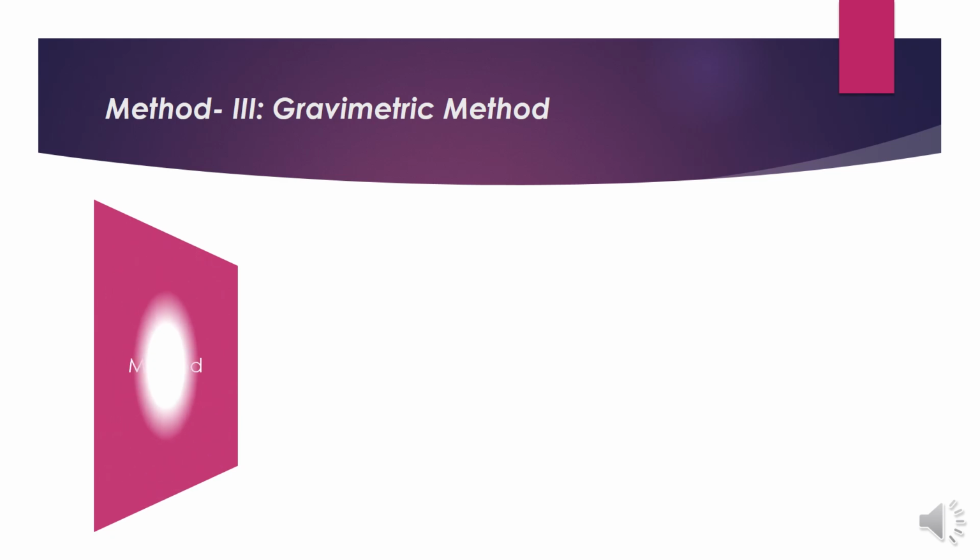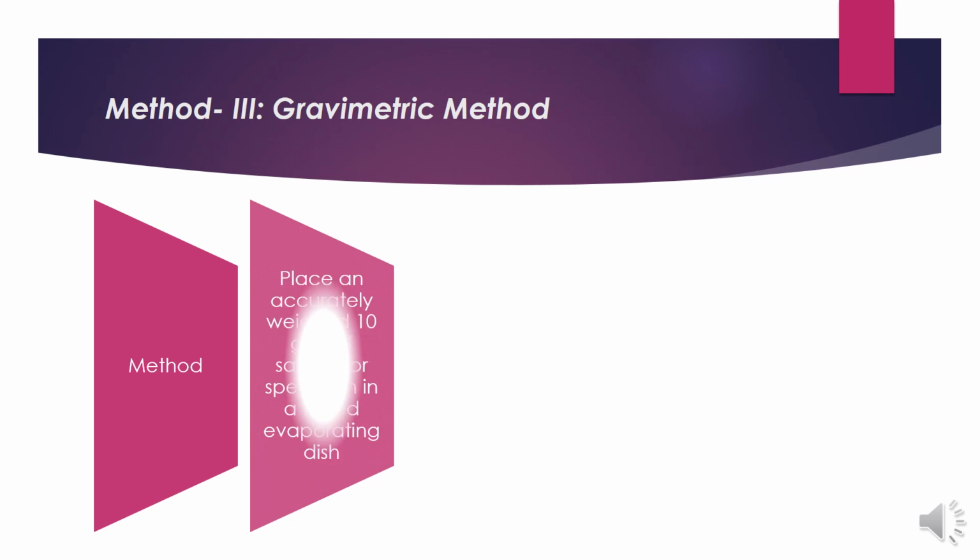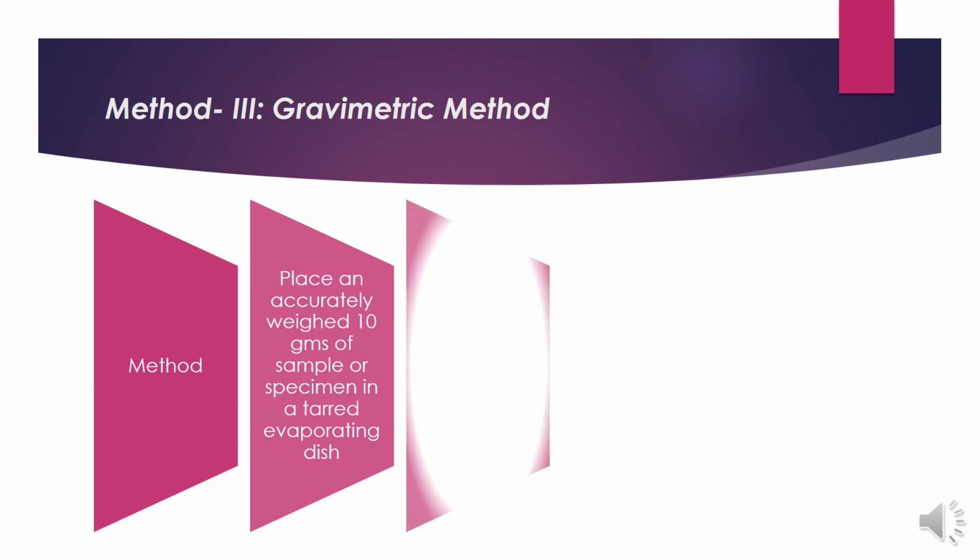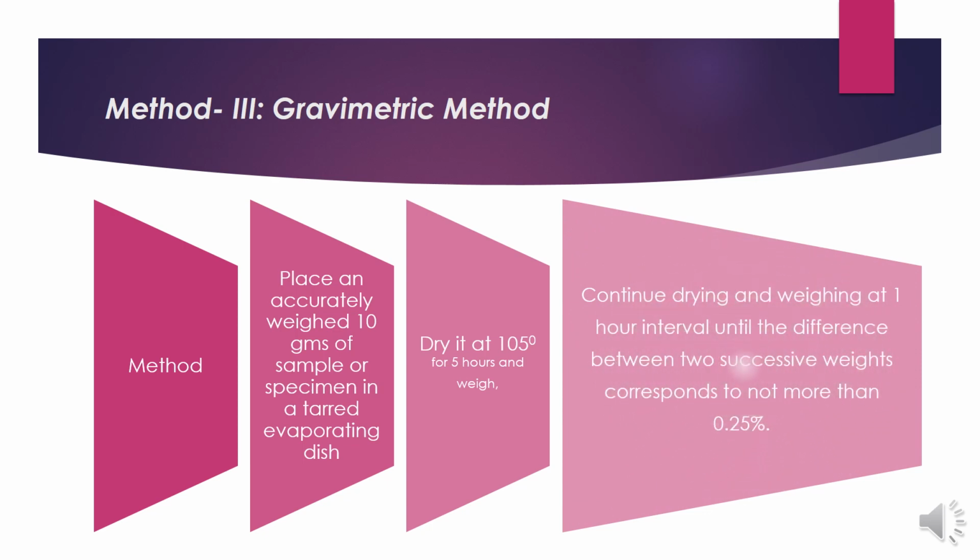So the procedure for the gravimetric method or loss on drying method: you have to place and accurately weigh 10 grams of sample or specimen in a tared evaporating dish. You have to dry it at 105 degrees centigrade for 5 hours and weigh, meaning that you have to reweigh after 5 hours, and again after weighing you have to place it in your oven or heating instrument you are going to use.